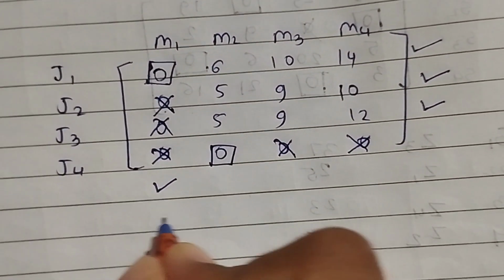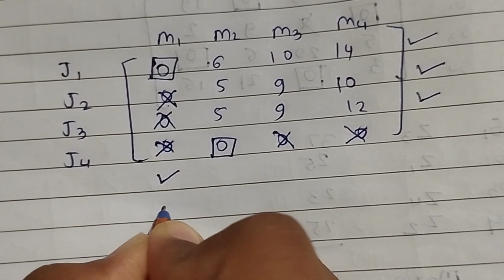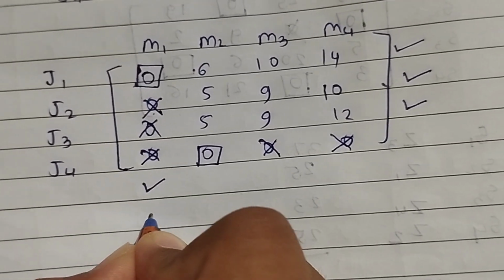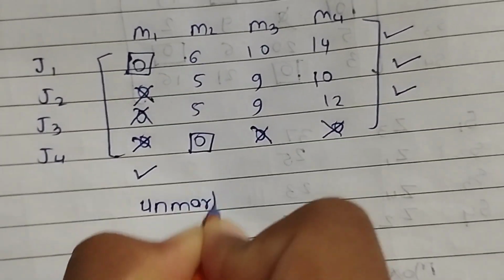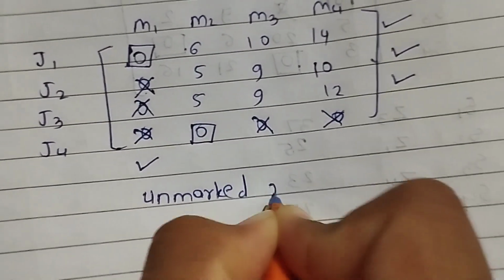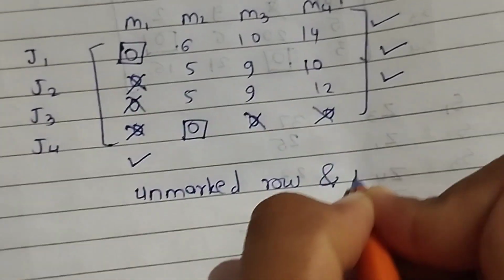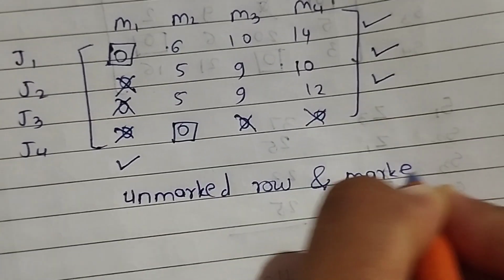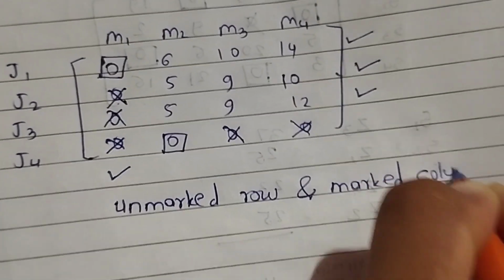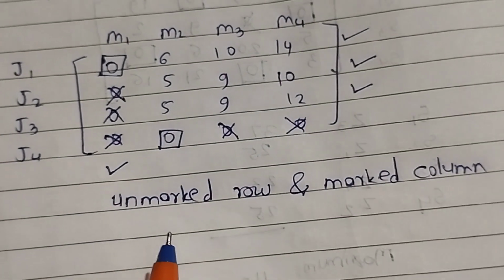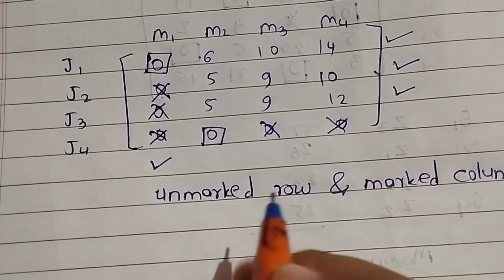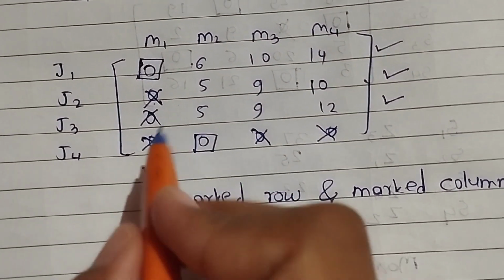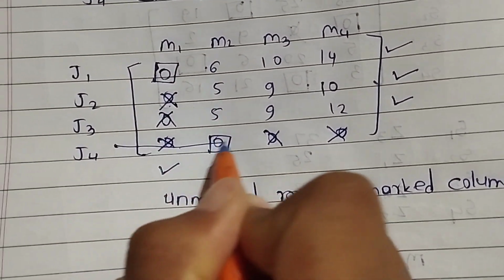Then draw the lines, but the lines are drawn for the unmarked row and marked column. I hope you know the objective of drawing the lines: by using these lines, we cover all the zeros.